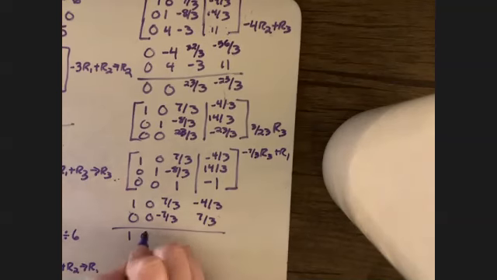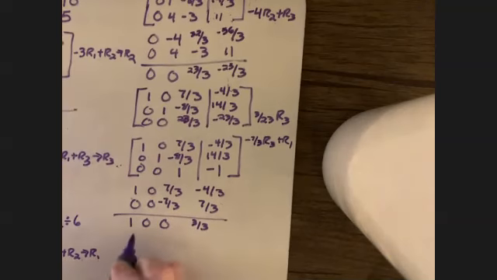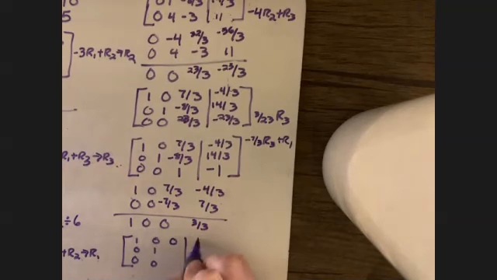So 1, 0, 0, 3 thirds. That's all of a sudden pretty. 1, 0, 0, 0, 1, 0, 0, 1, but negative 8 thirds and 14 thirds, that's still sitting, and 1 and negative 1.